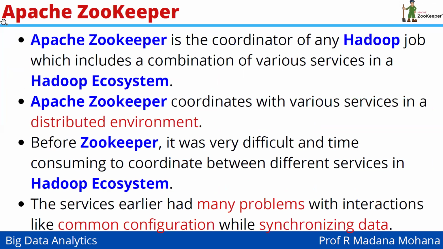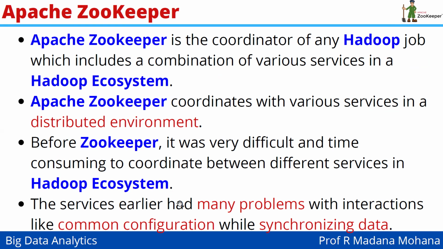Then the next component is Apache Zookeeper, the coordinator of any Hadoop job, which includes a combination of various services in the Hadoop ecosystem. Apache Zookeeper coordinates with various services in a distributed environment. Before Zookeeper, it was very difficult and time consuming to coordinate between different services in the Hadoop ecosystem.